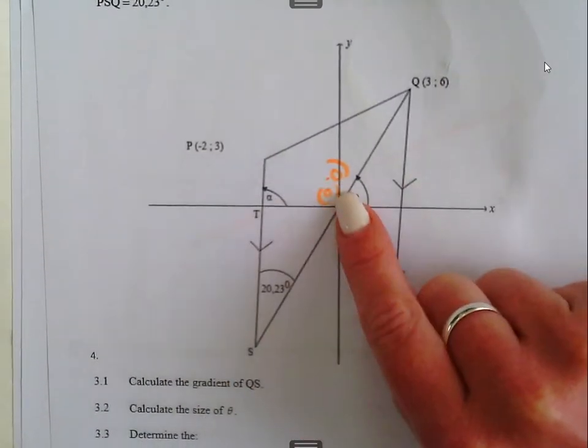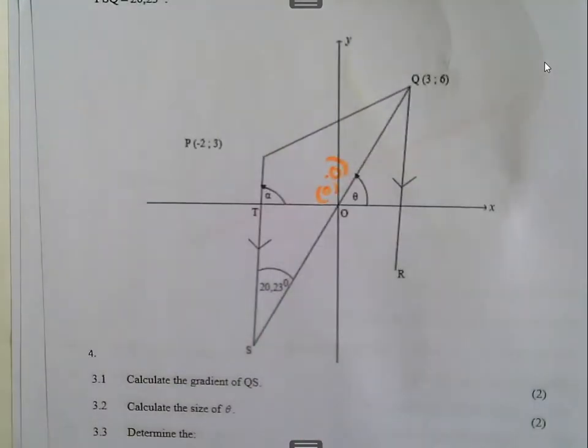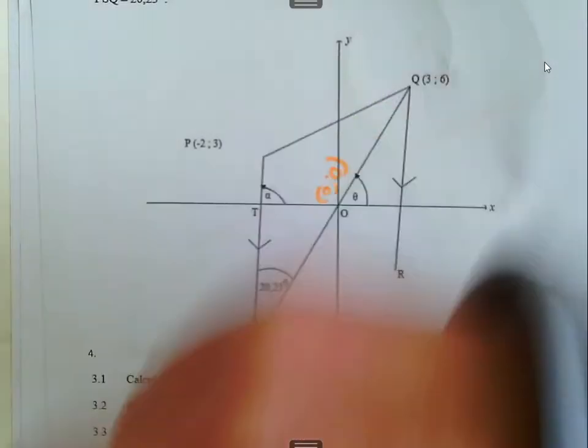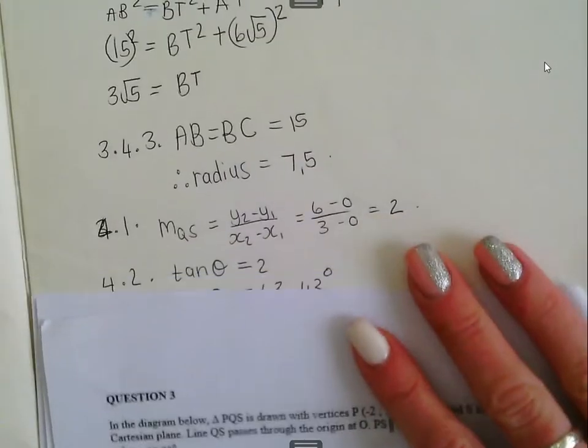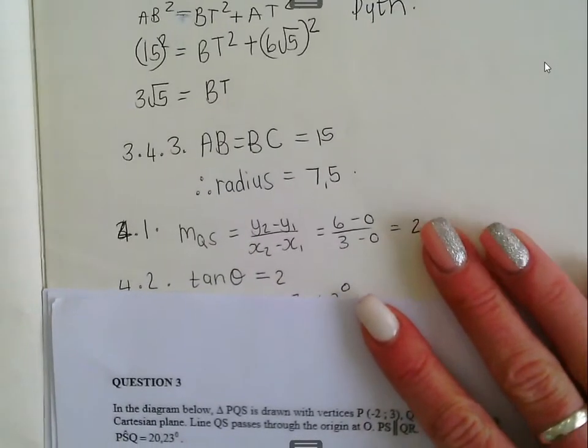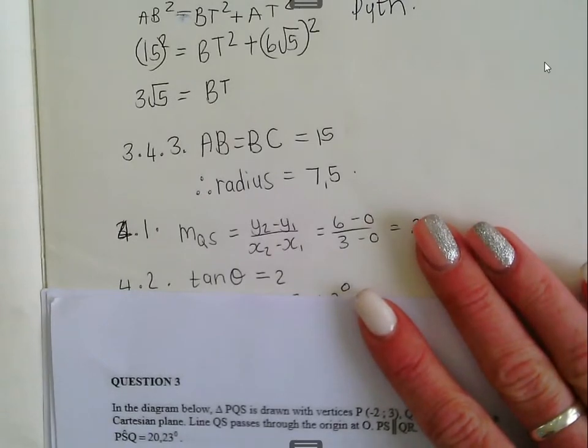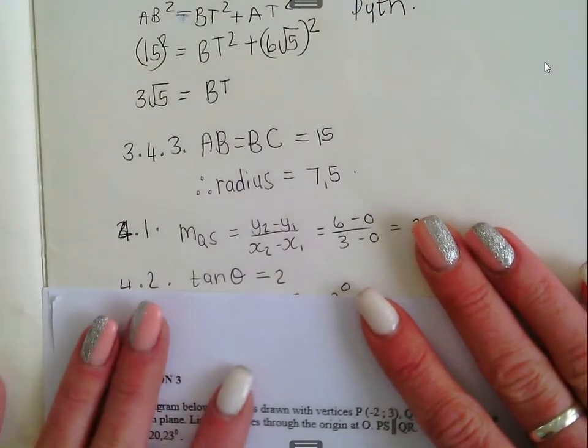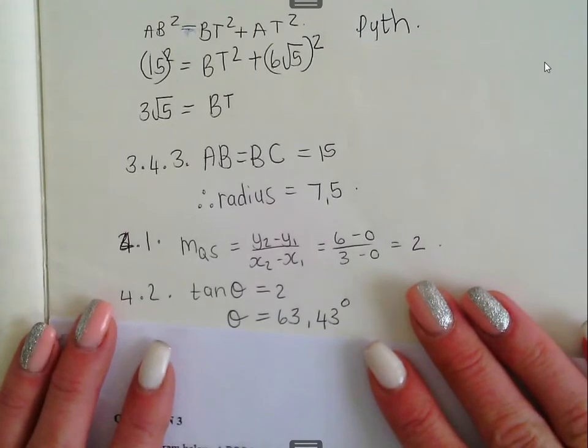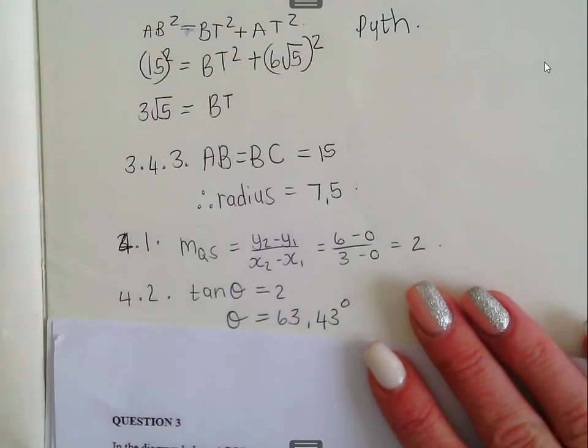To find the inclination angle, I do it using tan theta equal to the gradient. I just found the gradient to be 2. So I'm going to say tan theta equal to 2. And then I press shift tan 2. And I get the answer of 63,43 degrees. Did you get that? Do you understand it? Do you see inclination is very easy? No problems there.